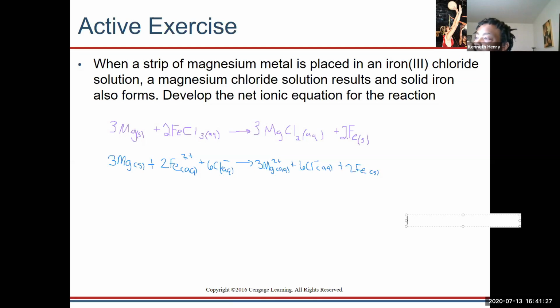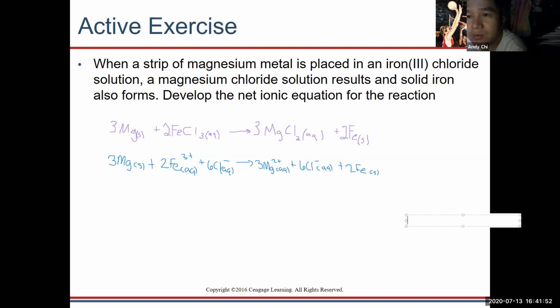So would the spectators be 3 Mg? Nah, that'd be the chlorine, no? Yes, chlorine, it would be the chlorine. Is that the only one? Let's see. Yeah, I think so. Yep, it would be the chlorine only.